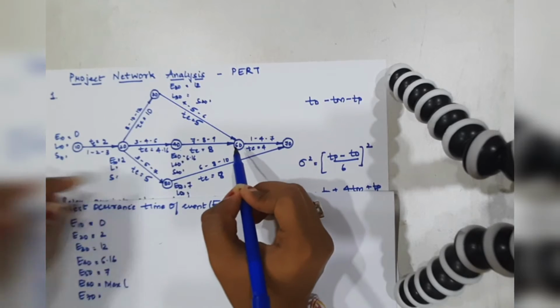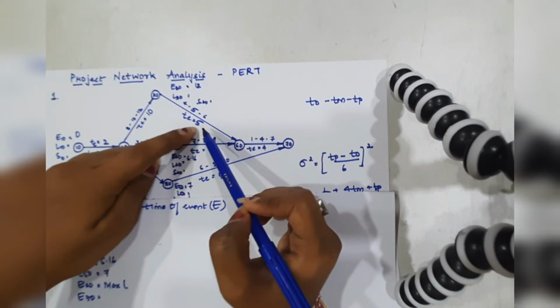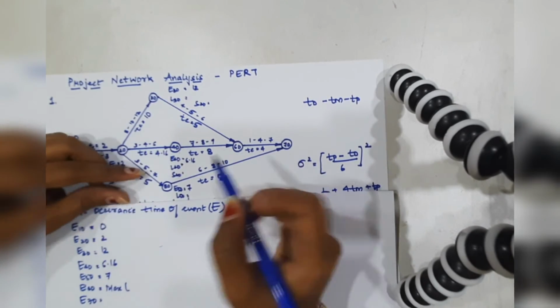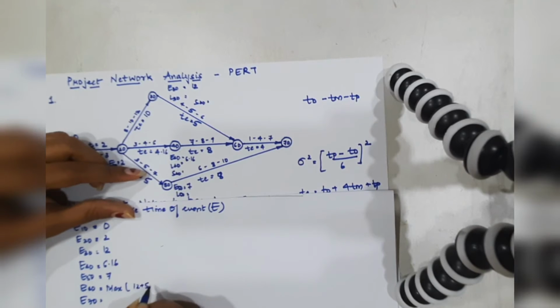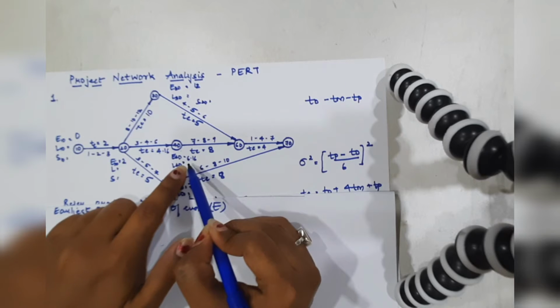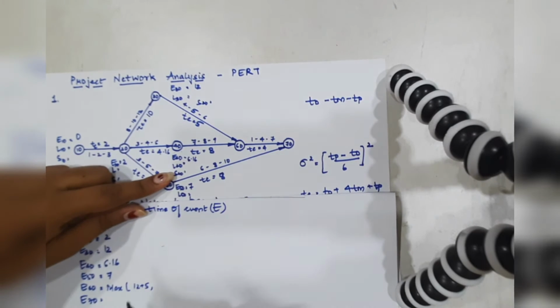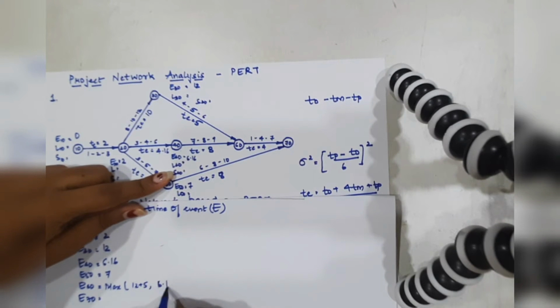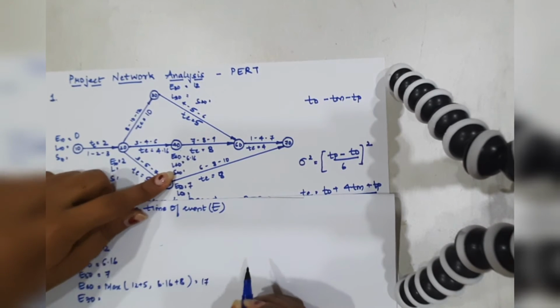So for 60 we are going to simply add 12 plus 5, and next would be 6.16 plus 8. So obviously 17 is the highest of all.